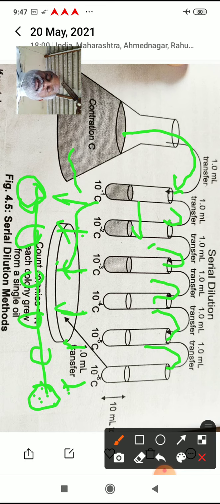For our convenience, as I have just told you, suppose one has taken a culture containing 10 ml of liquid medium with 100 microorganisms per ml of this liquid medium. If we take out 1 ml from this stock solution, we can make further dilutions, which I have shown on the screen.